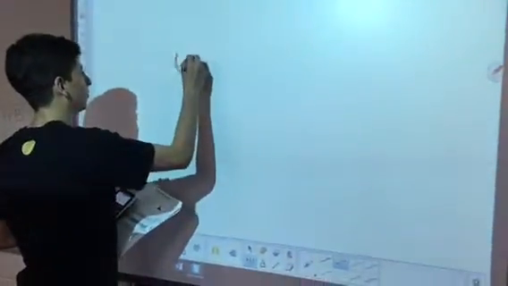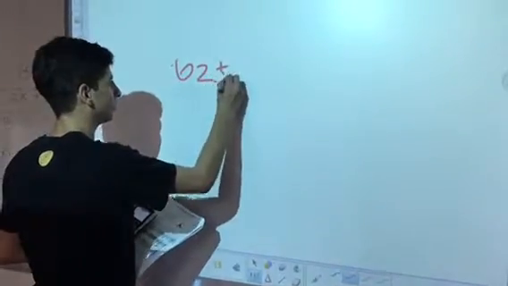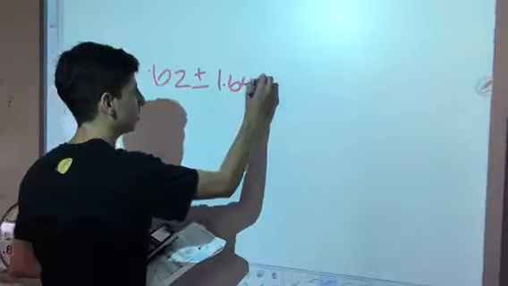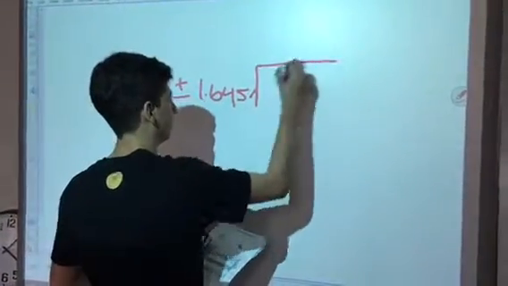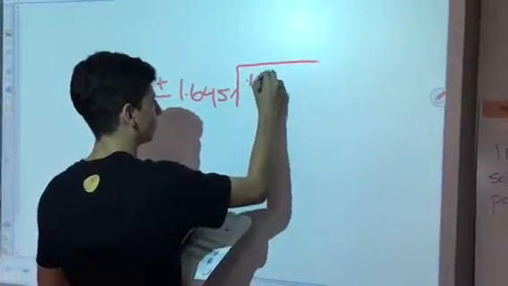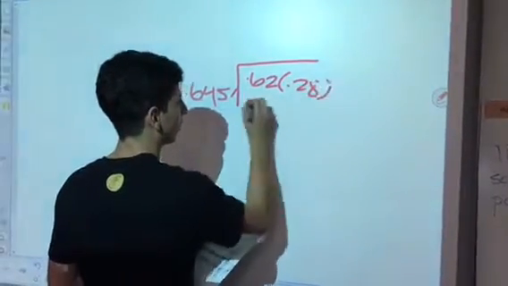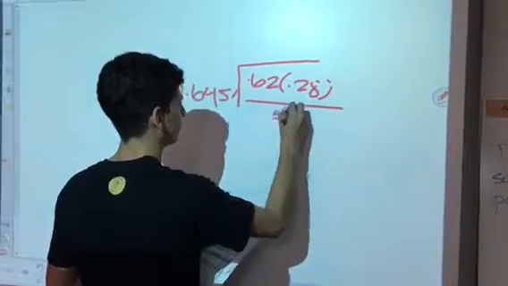So if we were to plug these numbers in, we'd get 0.62 plus or minus our z-score of 1.645 times the square root of our p hat, which was 0.62, times its complement, which is 0.38, divided by our sample size of 50.